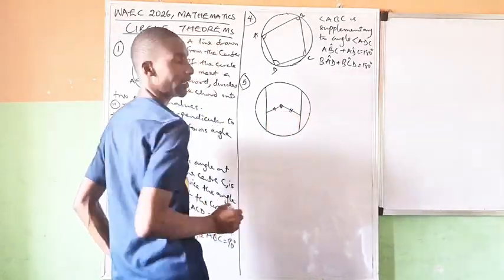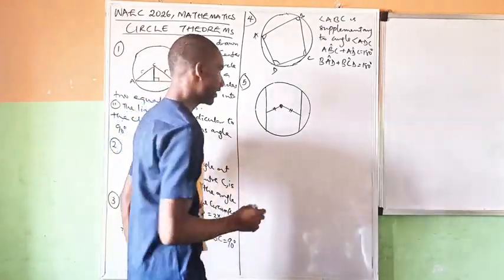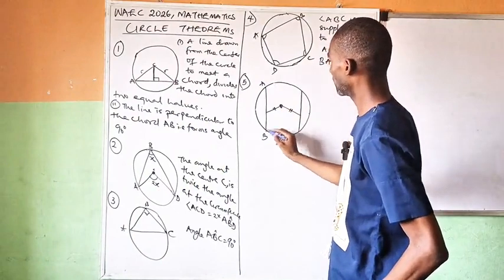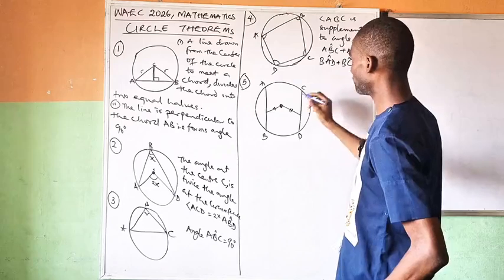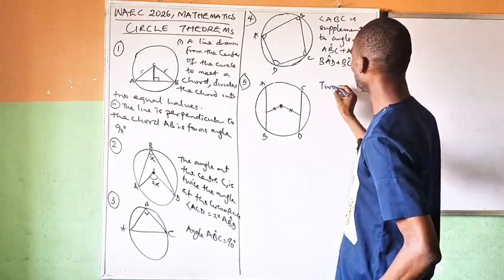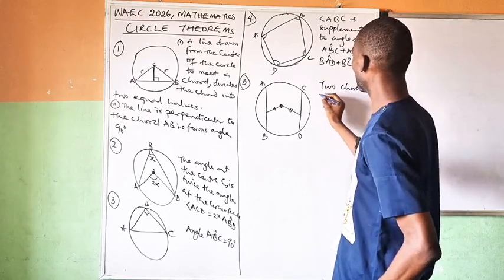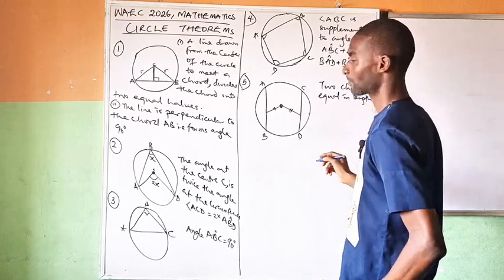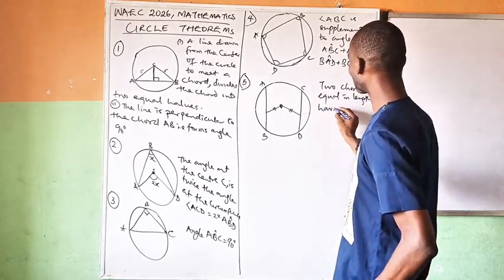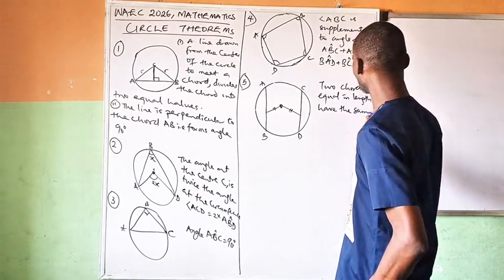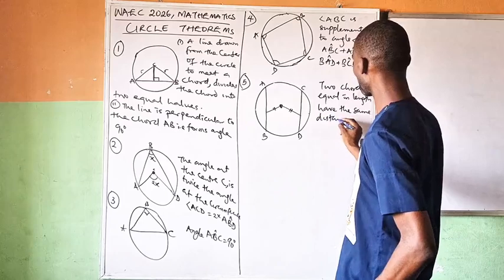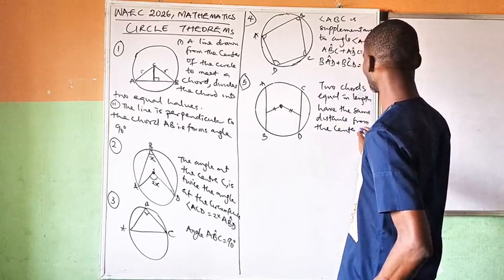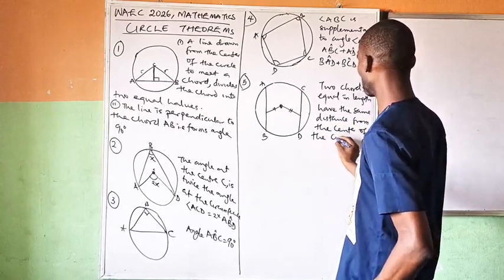So if I have two chords, let's say this is AB and CD, if there are two chords equal in length, they have the same distance from the center of the circle.